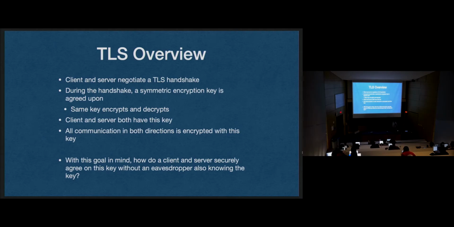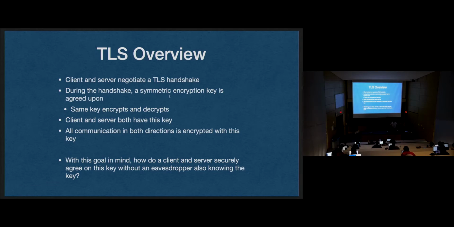We're going to do a handshake that agrees on what we call a symmetric encryption key. So we're not going to use RSA, or any public key encryption, for our actual communication. We're going to agree through a handshake on a symmetric key, and then use that key for encryption. With symmetric key encryption, as opposed to public key encryption, there's only one key.